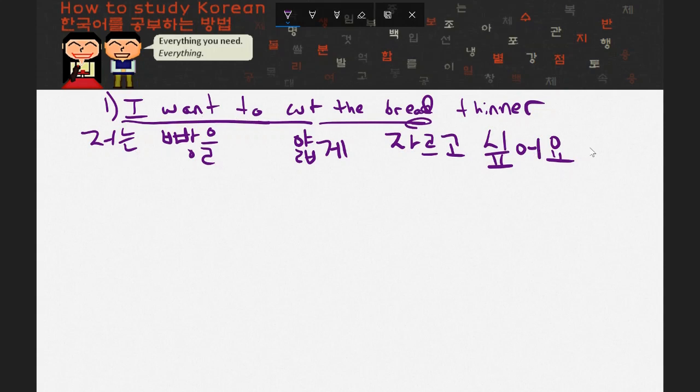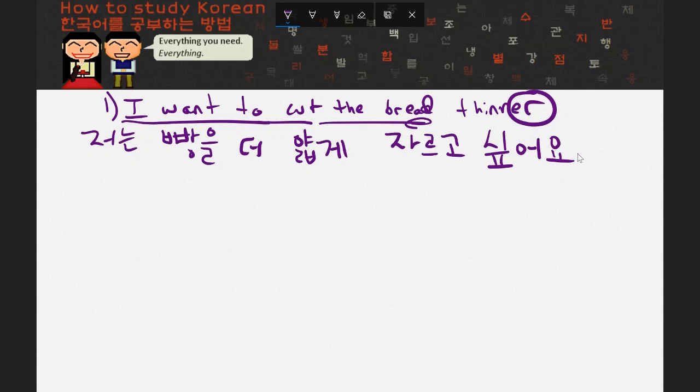However, if you want to indicate that you want to cut the bread thinner, in English, you sort of add this to the adjective, but you don't really add anything more to the adjective here. What you want to do is indicate that, well, if it's thinner, that means it's more thin than it was before. Well, in that case, you add the word for more in Korean, which is 더. So you're going to put this here. Now, this sentence in Korean would read, 저는 빵을 더 얇게 자르고 싶어요.